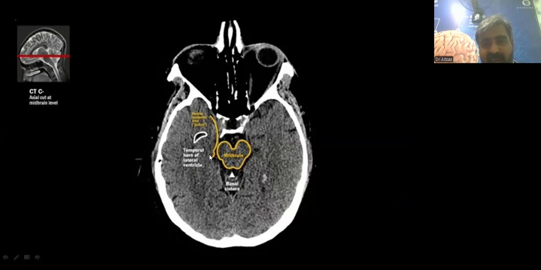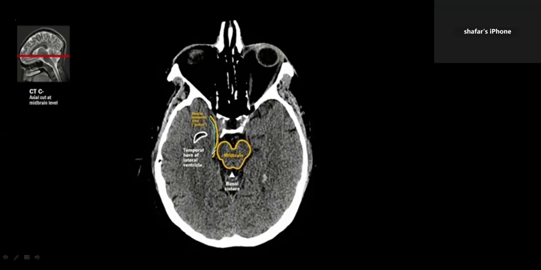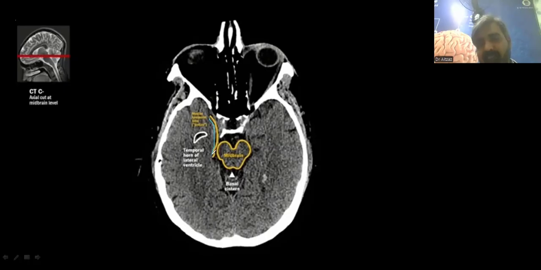On the lateral side, that is marked. Which structure is this one? The uncus. Very good. Excellent. This is uncus.